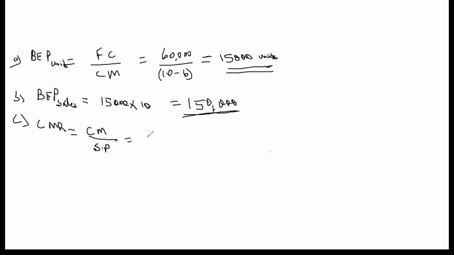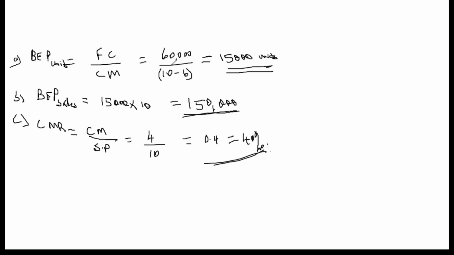So this is equal to 4 over 10, and this is equal to 0.4, which is equal to 40%. If you multiply by 100, it's 40%. I hope those ones are direct.